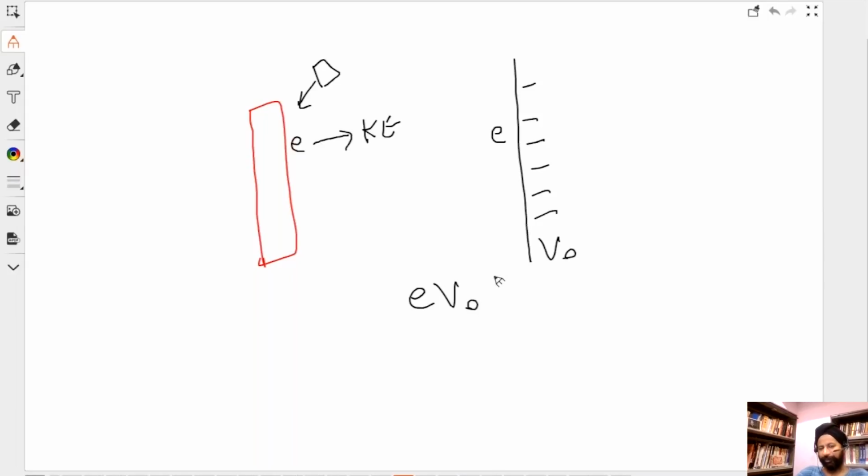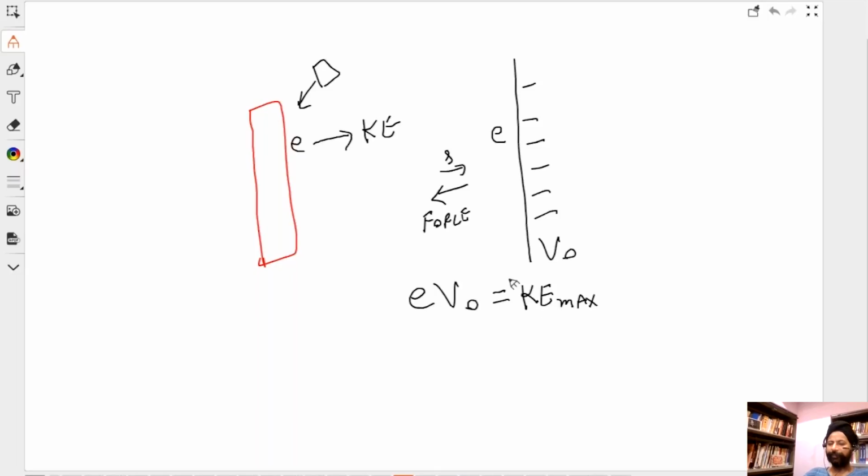That work done should be equal to the negative of the kinetic energy, because remember the work energy theorem, the net work done is the change in kinetic energy. The change in kinetic energy is negative KE, and the work done here is negative because the force is in this direction and the displacement is in this direction. So this should be equal to the kinetic energy max.